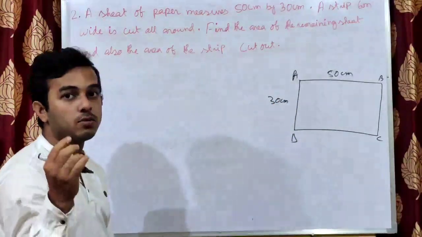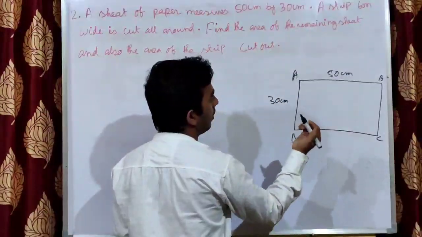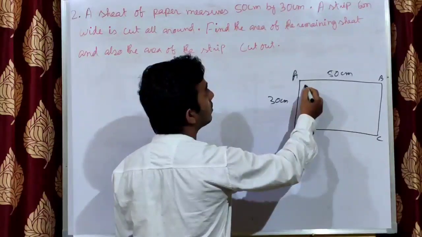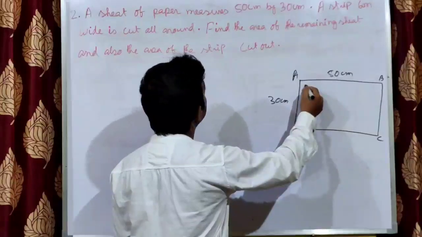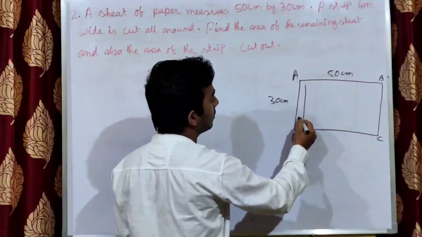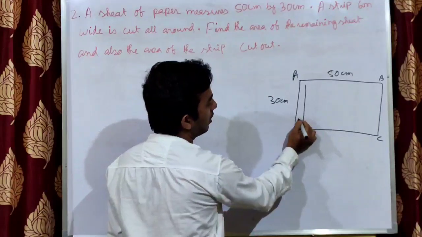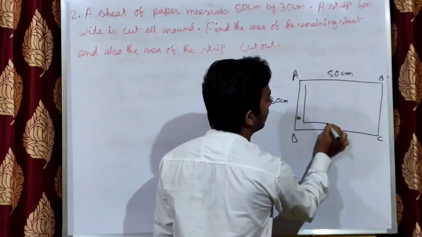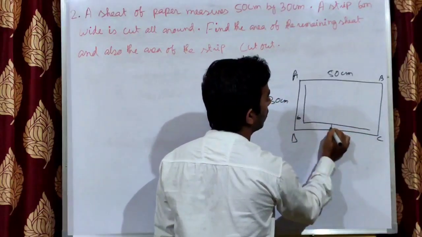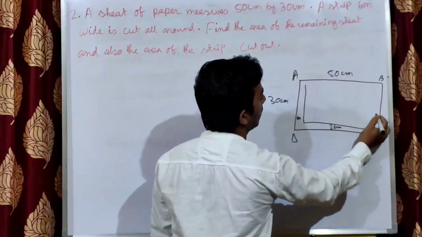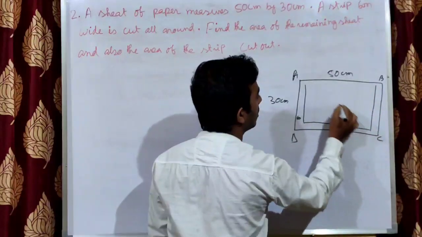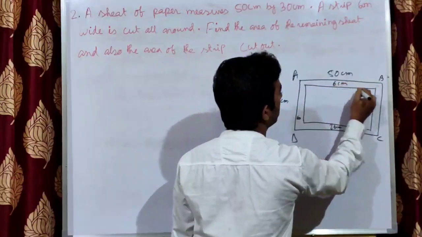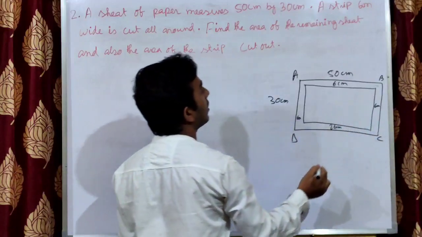Now, if we cut a small strip or a ribbon, like for decorating, whose width is 6 centimeter, that means we'll cut this part. This width is how much? 6 centimeter all around, that means from all the sides. This width is also 6 centimeter. This is also 6 centimeter. This is also 6 centimeter.